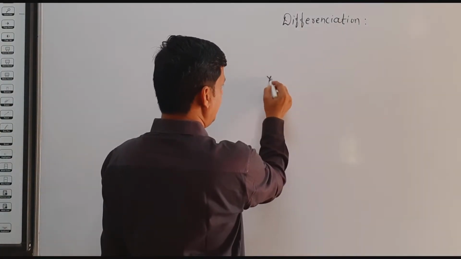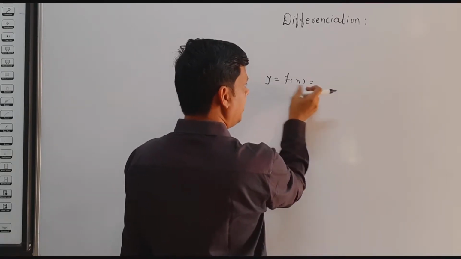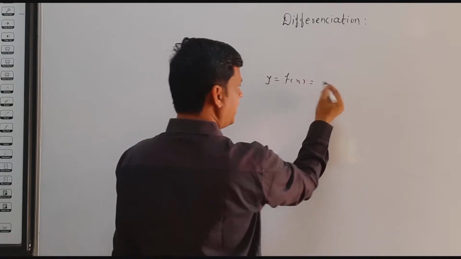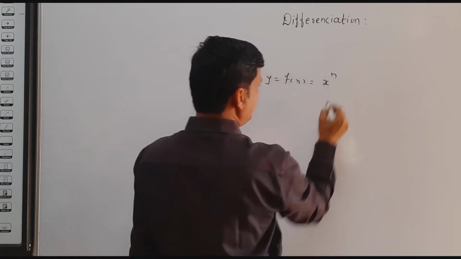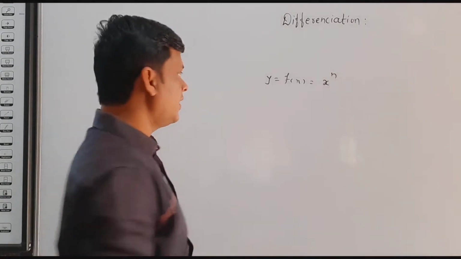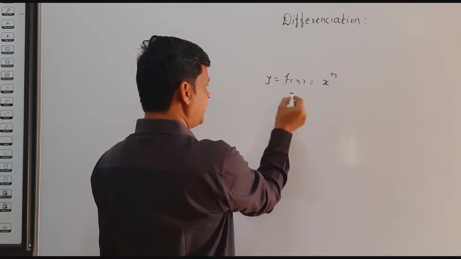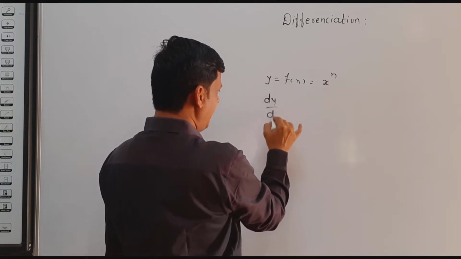So first we see, if y equals to f of x and the value of y is x raised to the power n, then this is algebraic form. When we have to differentiate this, we write the derivative of y with respect to x as dy by dx.